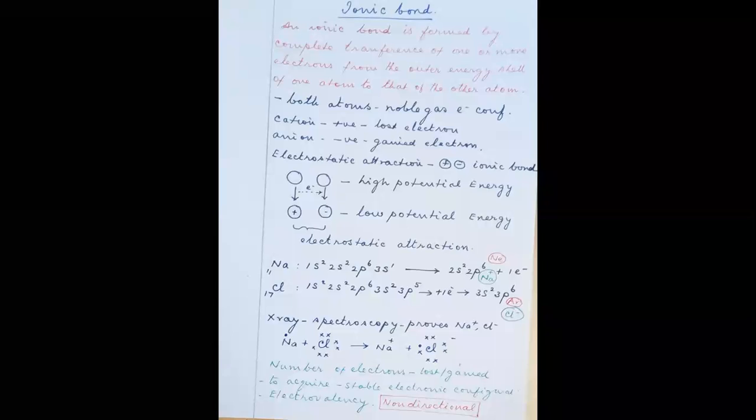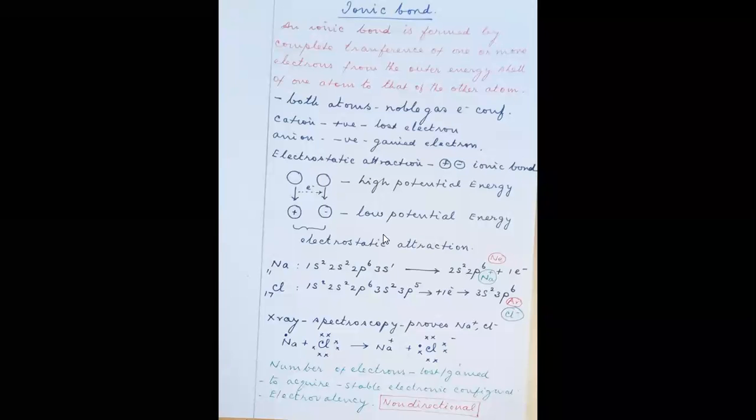The one which has lost becomes positively charged, which is called a cation. The other atom which has gained the electron is negatively charged, which is called an anion. Now there is an electrostatic attraction between the positive and the negative ions, and this electrostatic attraction is holding these ions together, which is called ionic bond.